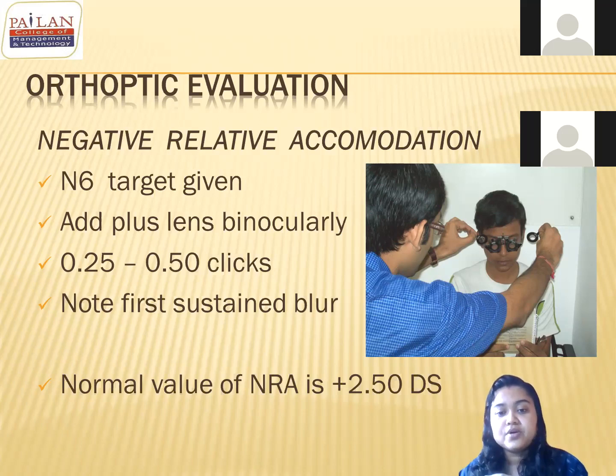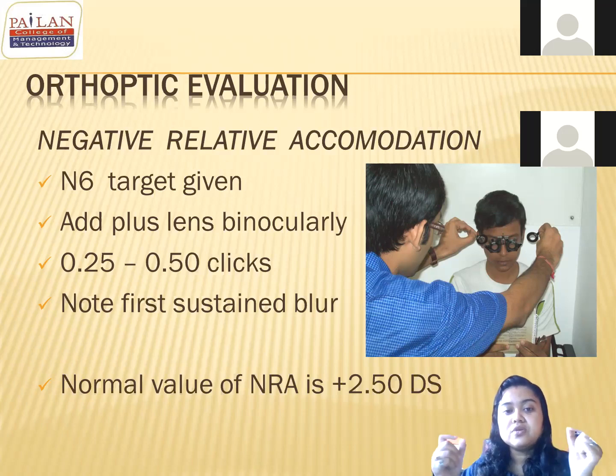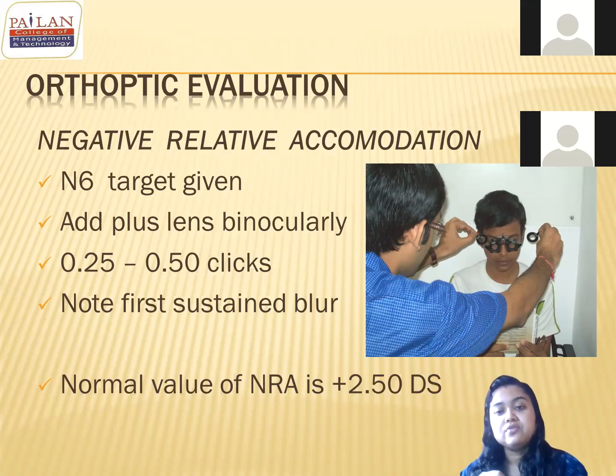So always put a higher plus lens first in the trial frame and then you remove the lower plus lens. Okay. So plus 0.25 you have put in the trial frame. Then from the trial box you take a plus 0.5 lens and put it on the back side of the trial frame. Then you remove the plus 0.25.